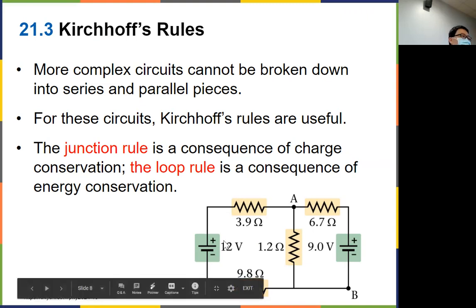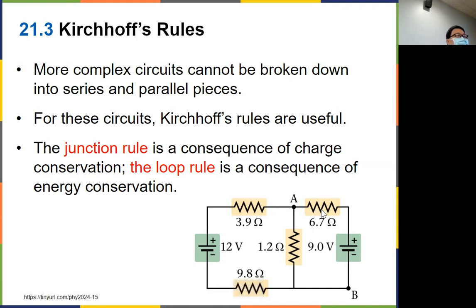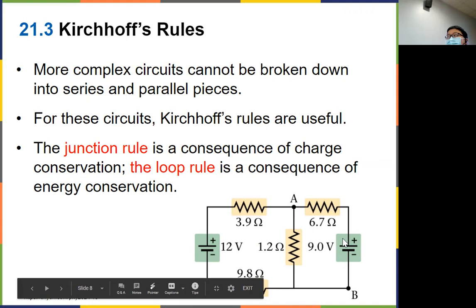You may expect that the current goes into A and splits into two, so it's possible that the current is going through here, actually into the positive terminal. Things are getting a little bit complicated over here.